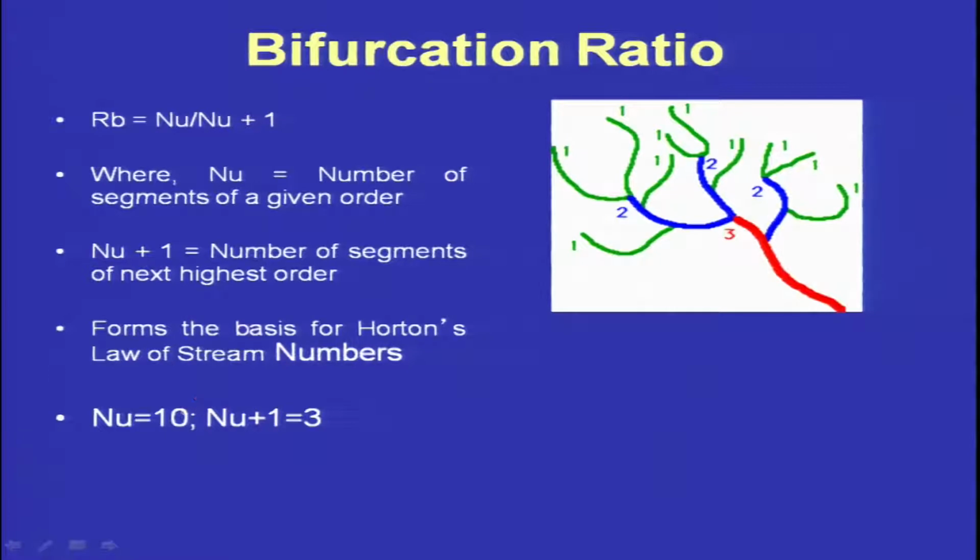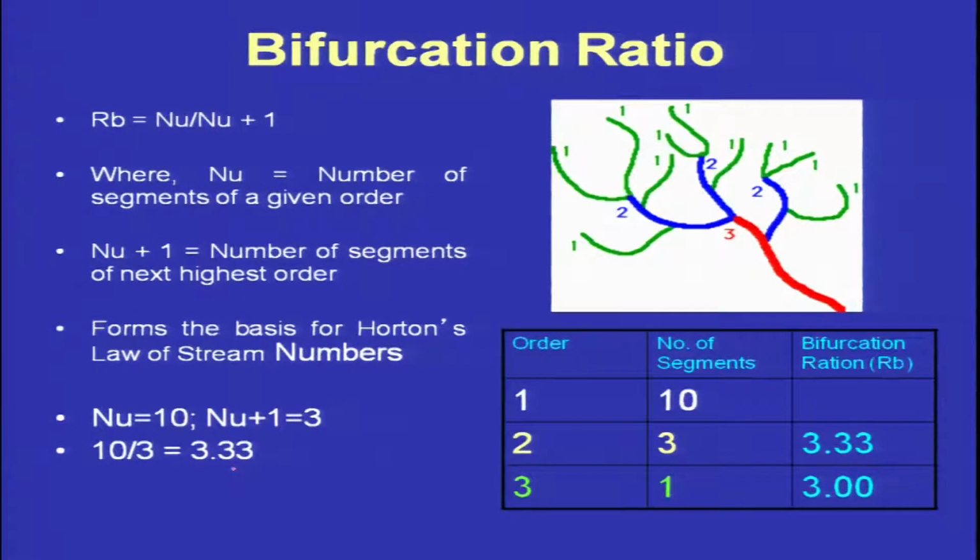So, 10 is your first order, and the next higher order is your second order. You have 3 streams of that. So, the ratio between the first order and the next higher order will be 3.3 and so on. Okay. This is useful in some cases. This is how you will be able to see the first order and second order ratio, the second order and third order ratio, and so on.